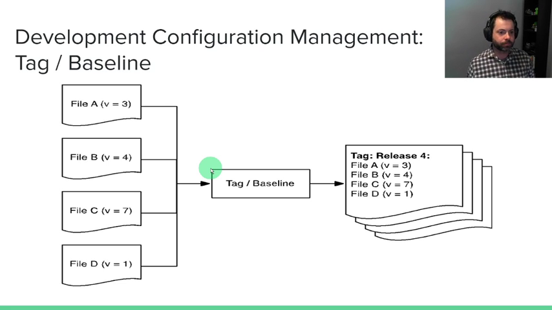Imagine you're in a team of like 100 people, 50 people, maybe all the stakeholders included, there's 200 people involved. Hopefully this notion of scale helps you think about why these processes are necessary, why it's important to understand what all of the versions of these files are when you make a checkpoint or a tag or a baseline.